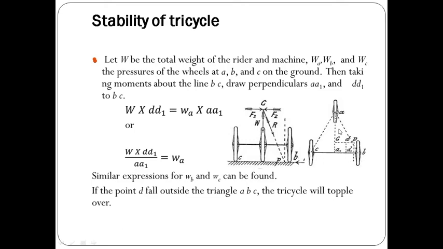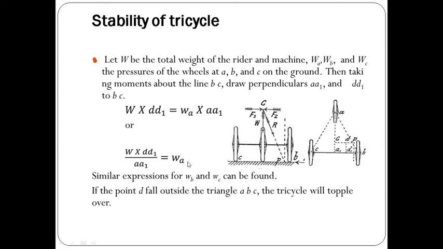So the bicycle is now in a stable condition. So we can say that W into D1, because W is acting at the point D and we take the perpendicular distance D1, is equal to the pressure exerted at the wheel, the ground support at point A, into the distance A1.